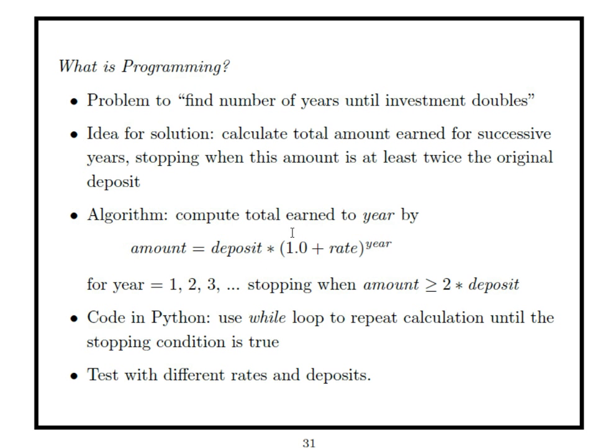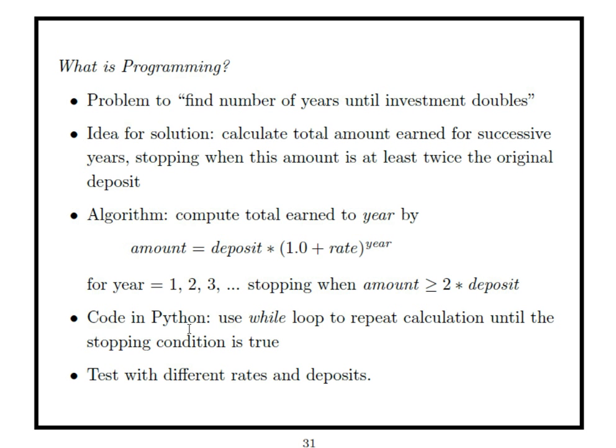The amount earned to a certain year is deposit times 1 plus rate to the year, the usual compound interest equation. We can compute that then for the years 1, 2, 3 and so on, but we stop when we've reached an amount that's bigger than twice the original deposit.